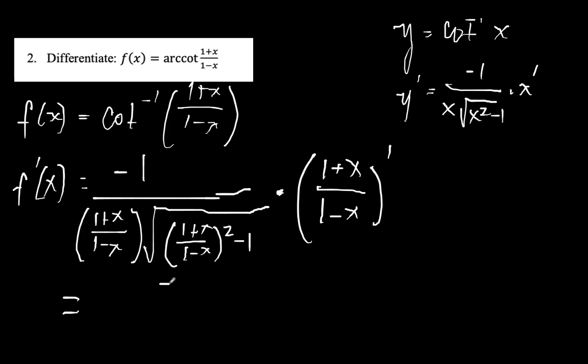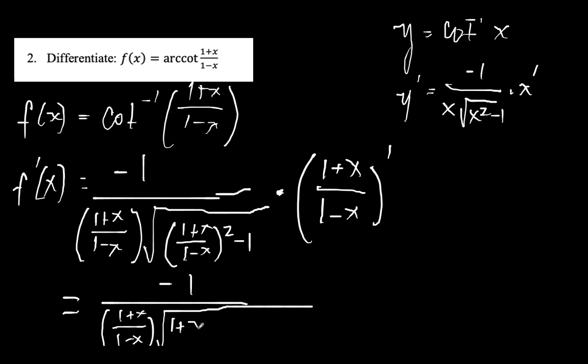There we go. So let's try simplifying this out. The square root of 1 plus x over 1 minus x, so this is equal to (1 plus x) squared minus (1 minus x) squared, all over (1 minus x) squared. I'm trying to simplify the radical. I hope you can still read this.